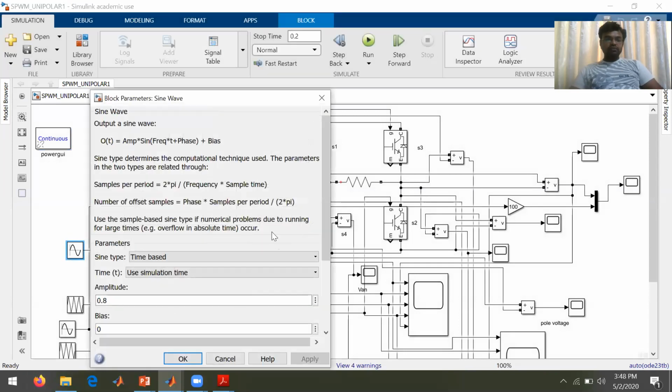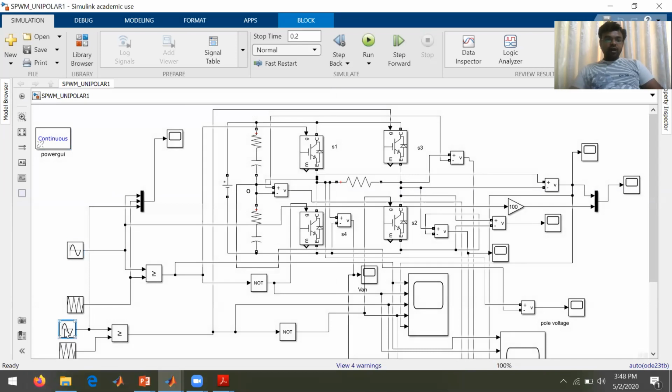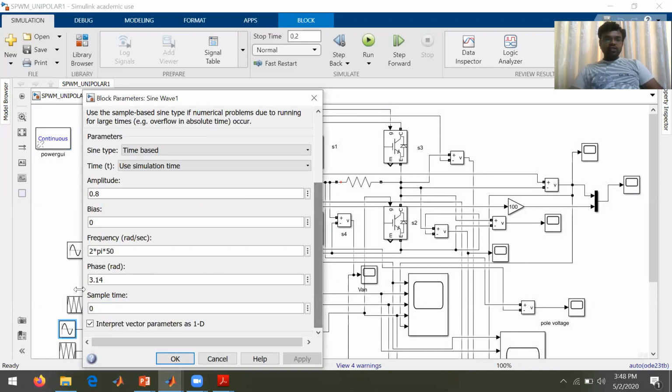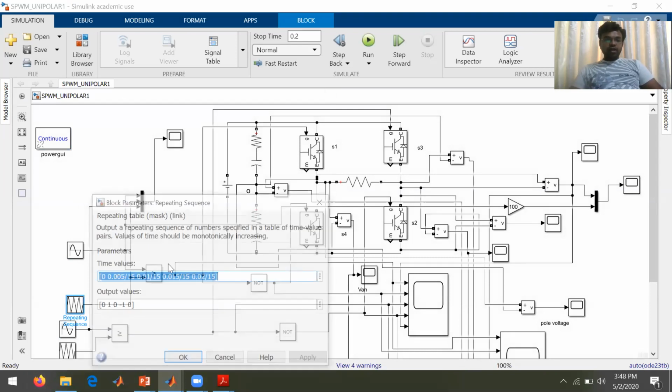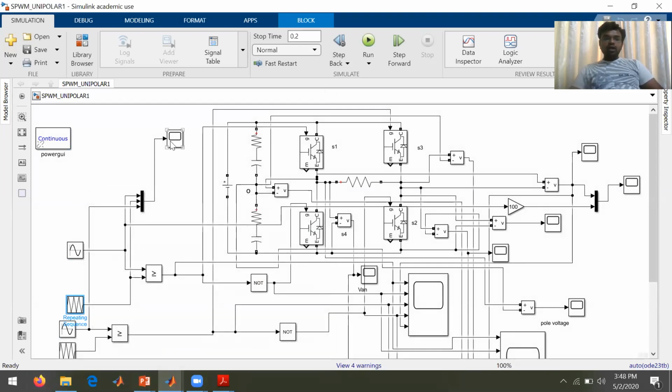This is the first reference wave, having a phase shift of 0. Second reference wave, what happens? Phase shift is 3.14. That is nothing but 180 degrees, in terms of radians, 3.14. Two things are there. And this is only one carrier wave. But what happens? Two places we are using. Okay, that I have already shown you in the last class.